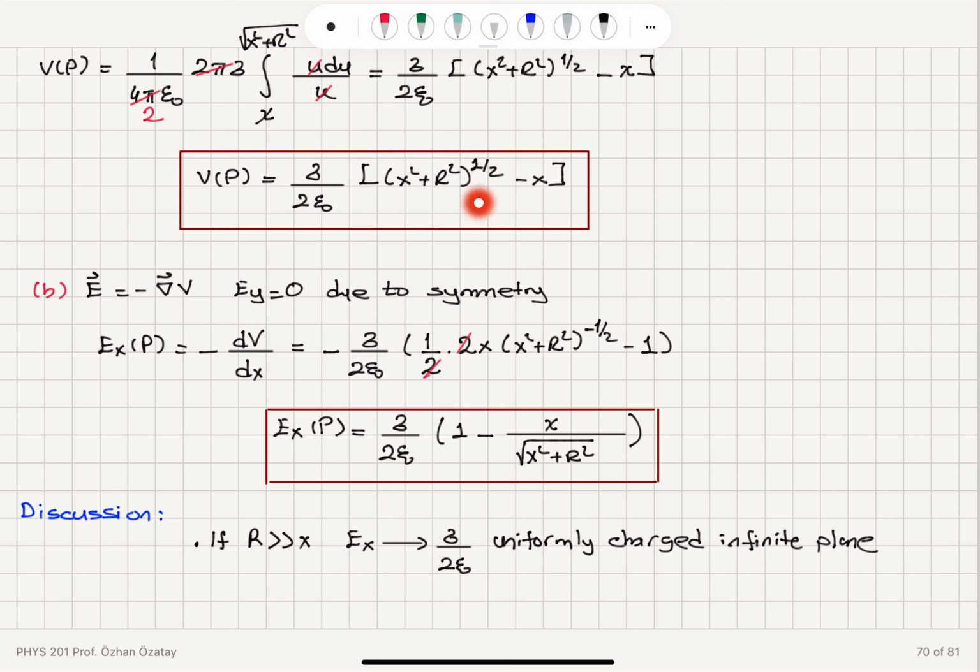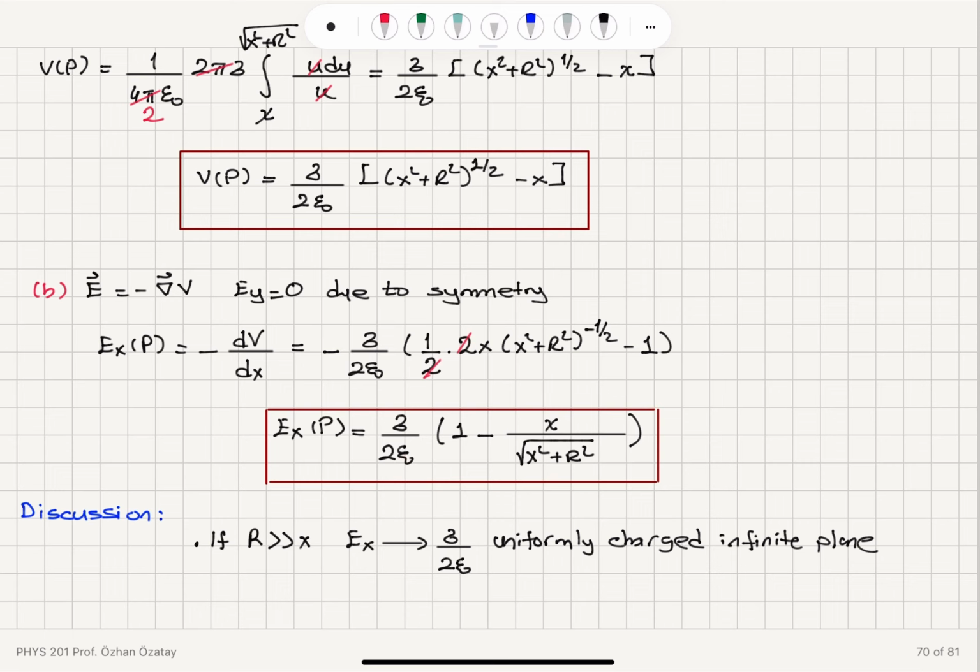I take a derivative with respect to x, and from the derivative of the inside I have 1/2 times (x squared plus R squared) to the minus 1/2, and inside I have 2x, so I obtain 1 from the second term, the x term. Considering the minus sign, this gives me 1 minus x over the square root of x squared plus R squared, multiplied by σ over 2ε₀.